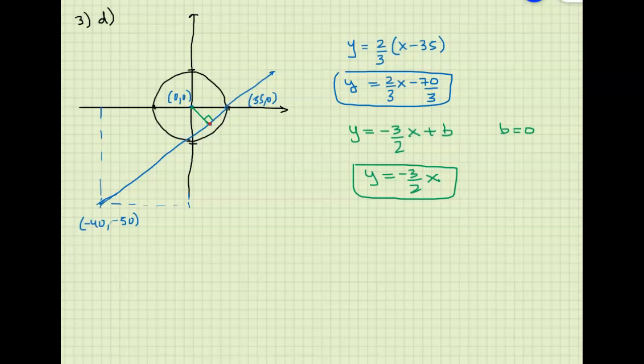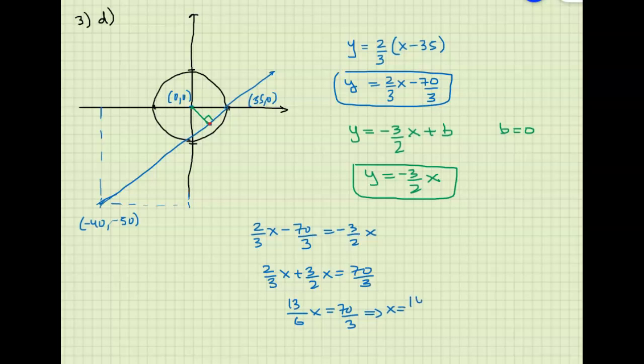So you're going to have 2/3 x minus 70/3 equals -3/2x. 2/3 x plus 3/2x equals 70/3. This is 4 plus 9, 13/6x is 70/3, and x equals 140 divided by 13.